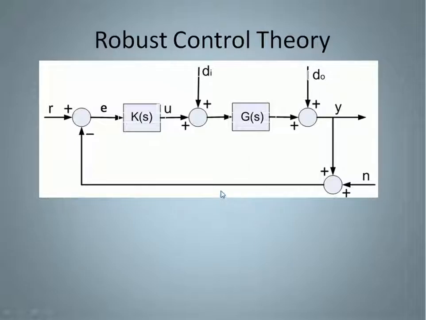From the block diagram, we can use block algebra to find Y and U, the two variables we need to watch closely. Initially, let's think that we are dealing with a multiple input, multiple output plant. Then G(s) and K(s) are transfer matrices, and all the variables in this diagram are vectors.